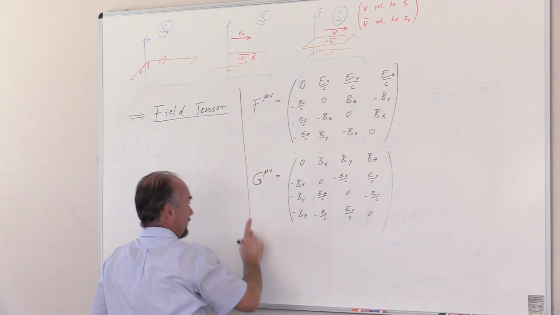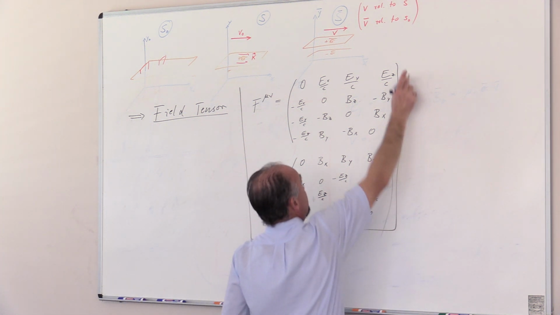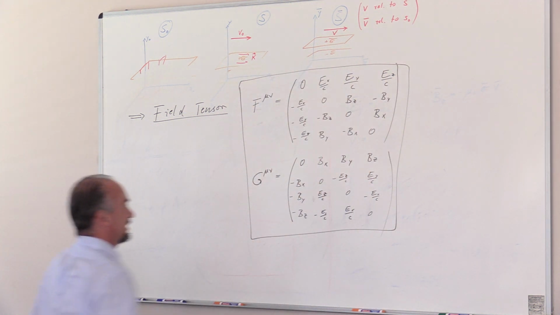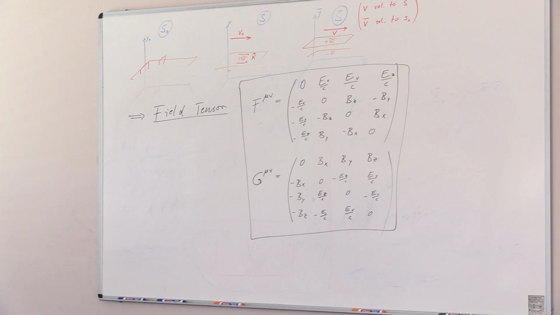So those are our electromagnetic field tensors. And you'll see that we can do essentially all of electrodynamics just in terms of these tensors. Right? Everything nice, compact, just in terms of these tensors.